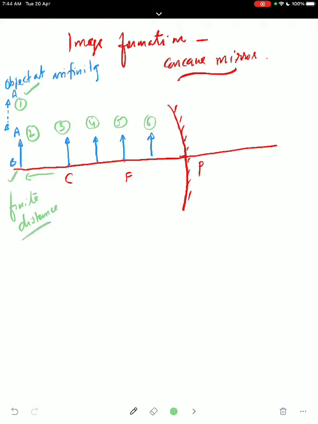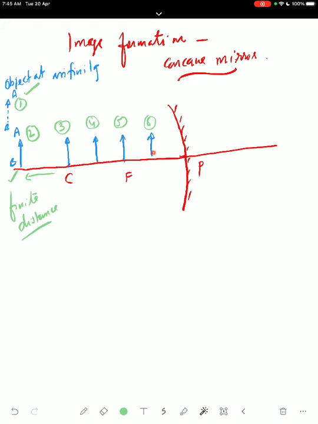All of 2, 3, 4, 5, 6 are finite distances: beyond C, at C, between F and C, at F, and between P and F. Remember the locations.